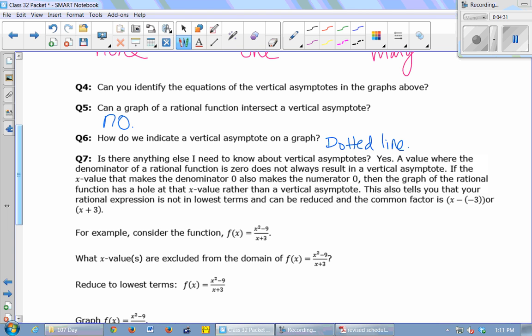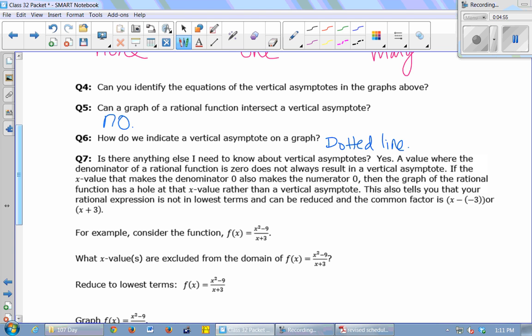All right, question 7. Is there anything else I need to know about vertical asymptotes? Yes. A value where the denominator is 0 does not always result in a vertical asymptote. So I lied to you a little bit in the first question. I said vertical asymptotes happen when the denominator equals 0, places where the denominator equals 0. But there is one exception.